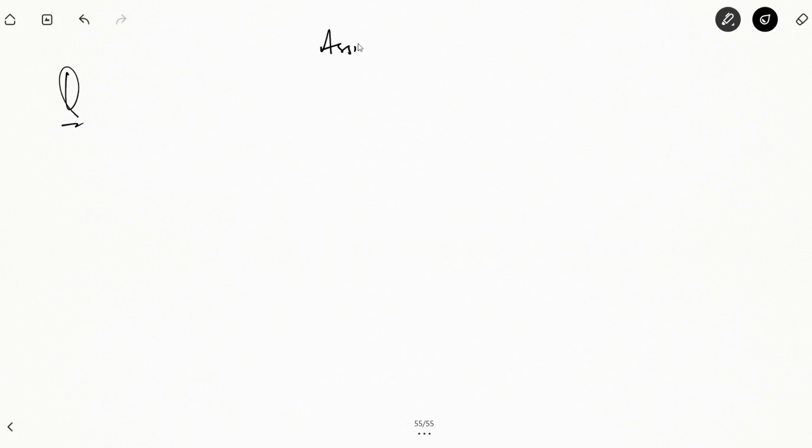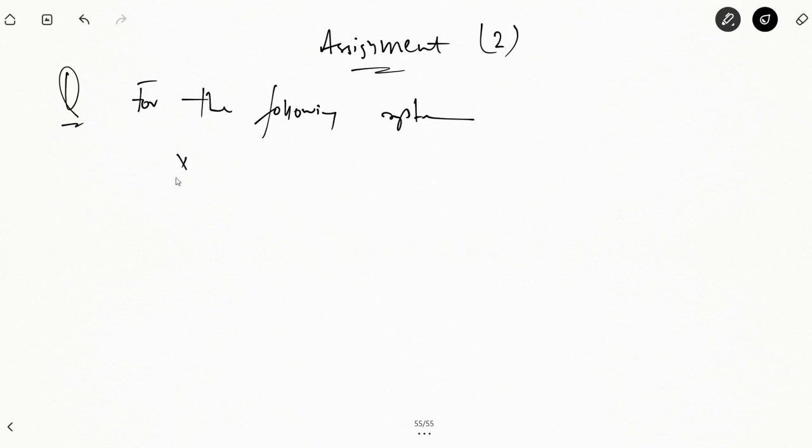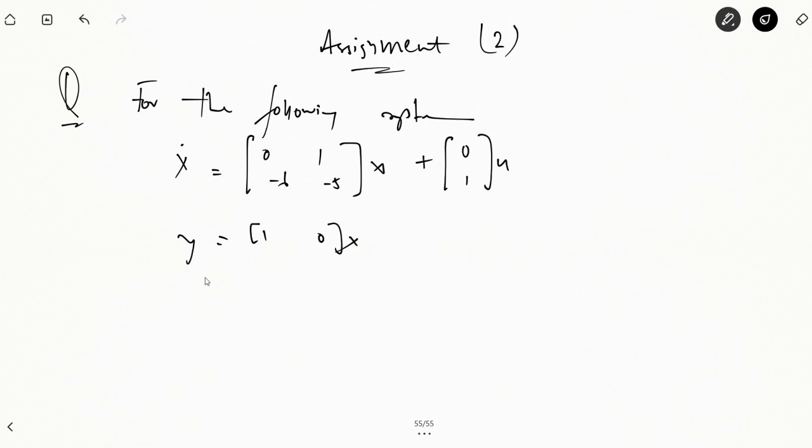Okay, so this is your assignment. Assignment number 2. For the following system, x dot equal to 0, 1, minus 6, minus 5, x plus 0, 1 times u, y is equal to 1, 0 times x.